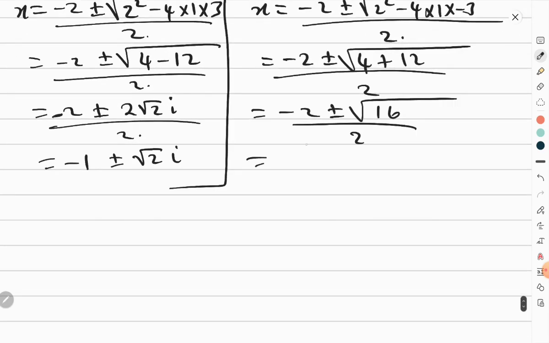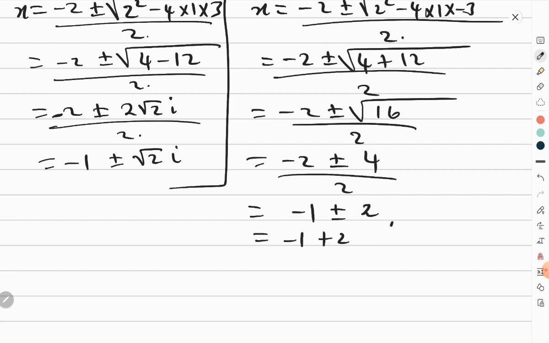Then this is negative 2 plus or minus 4 over 2. Then we have negative 1 plus or minus 2. Then basically the answers are negative 1 plus 2 or negative 1 minus 2. That means it's 1 or minus 3. So we have these values.